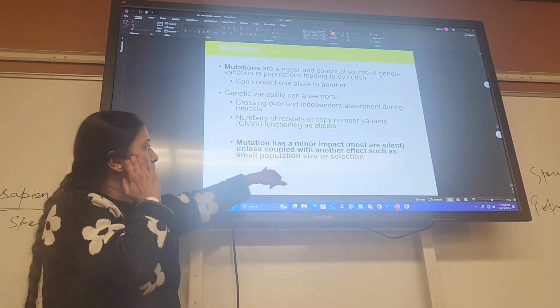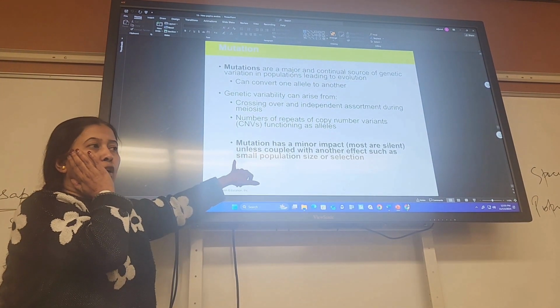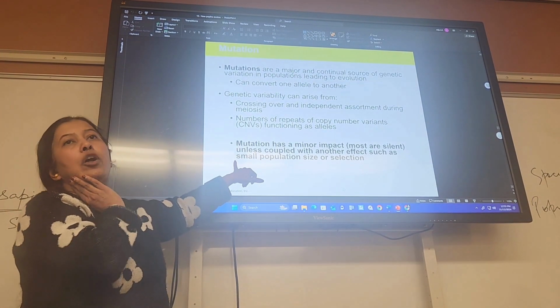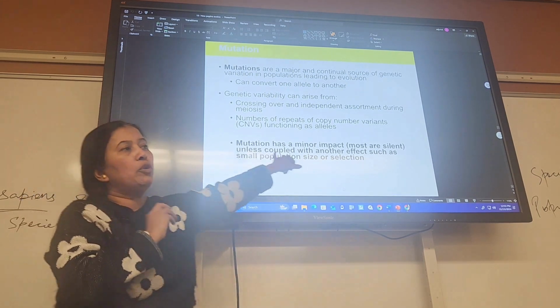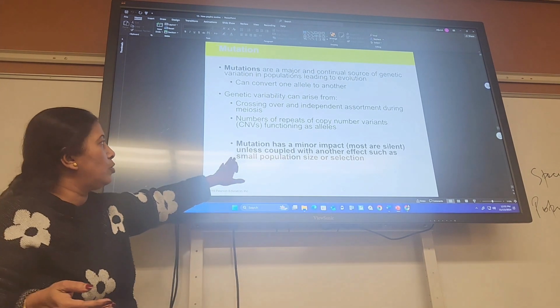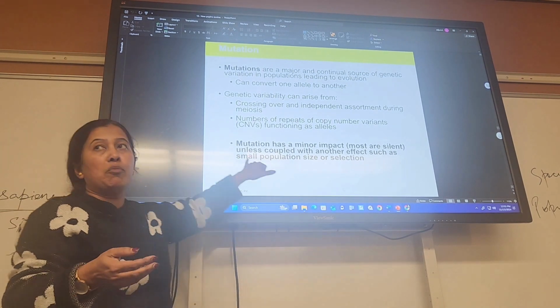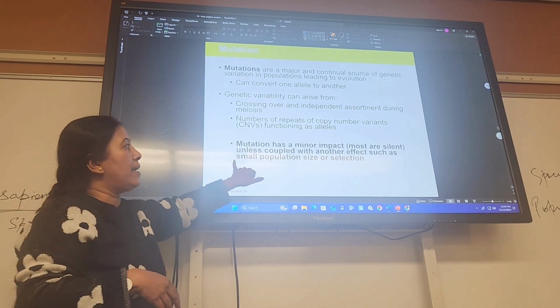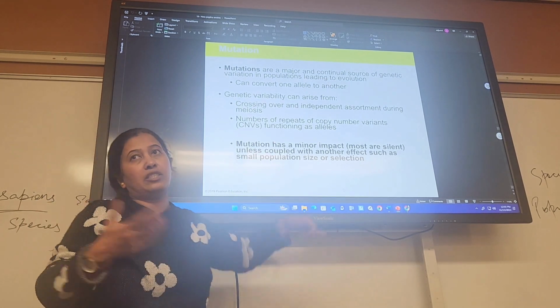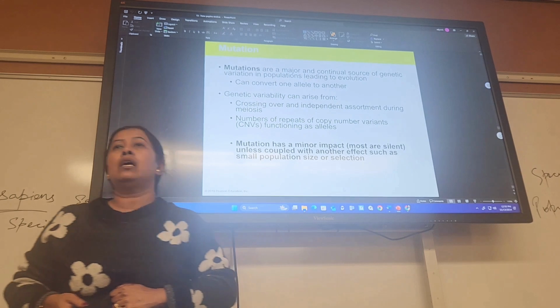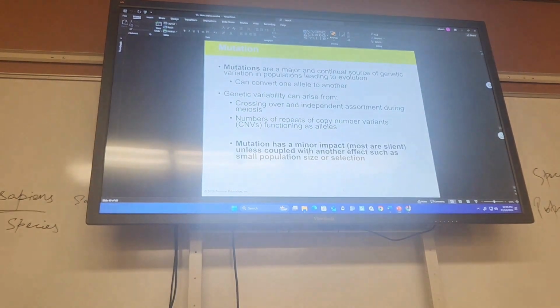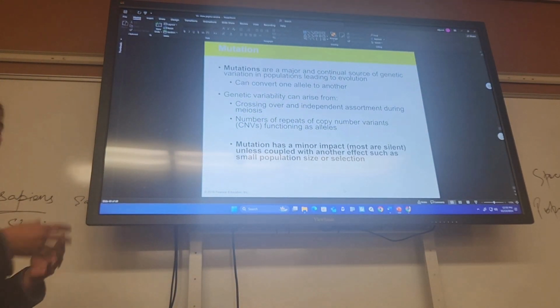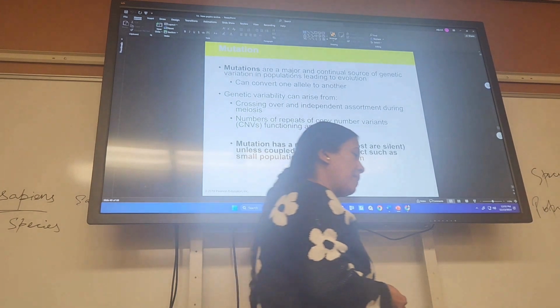So mutations are not intentionally good or bad, okay? Most mutations are actually neutral, silent, they do not have effect. Now mutations need to be paired with another factor, okay, such as genetic drift, such as natural selection, to be able to show its effect. So remember, mutations are not intentional, mutations are random.